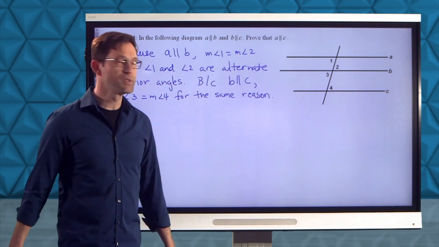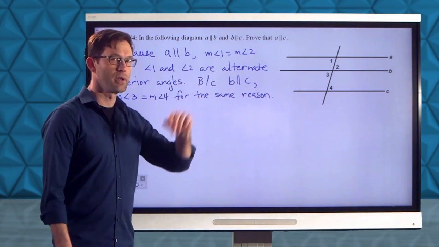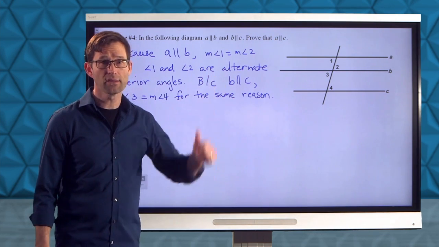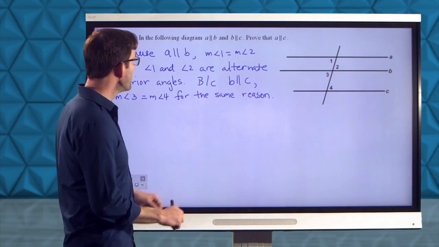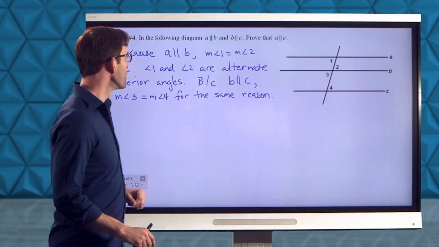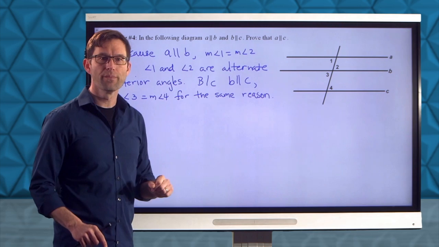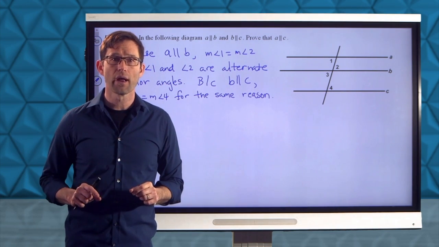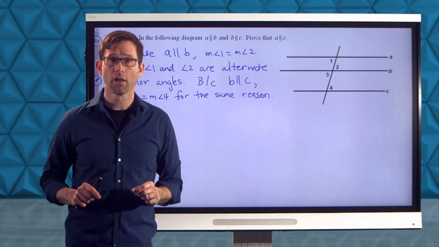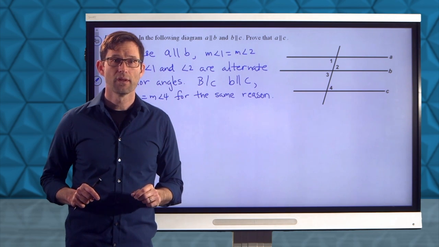There's no need for me to say, because they're alternate interior angles. I'm just saying, look back to what I just wrote. So 1 is congruent to 2, and 3 is congruent to 4, because both situations represent pairs of alternate interior angles that are created by parallel lines cut by a transversal.